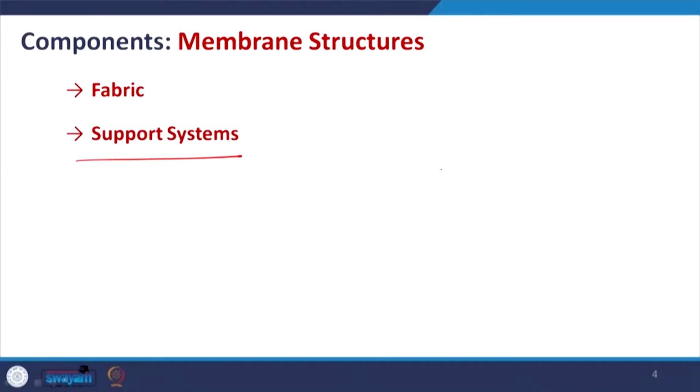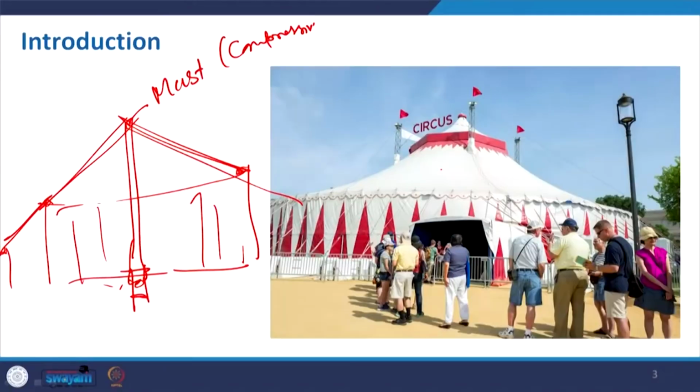So, like that, here also it is a very thin cloth-like material, and the other component is your support system. Now, in the support system, it may be a single mast, or just the tension cable, like we have seen in the earlier example. Here, along with the mast, we have 4 masts, if you can see through.